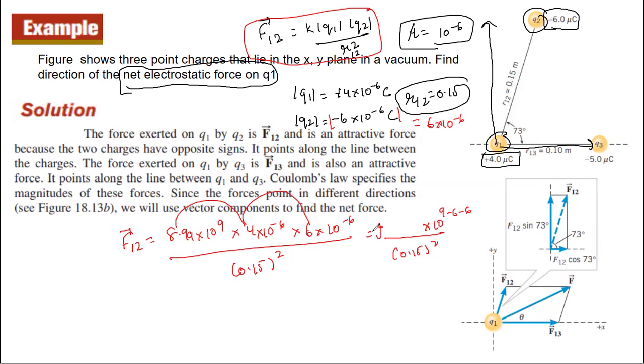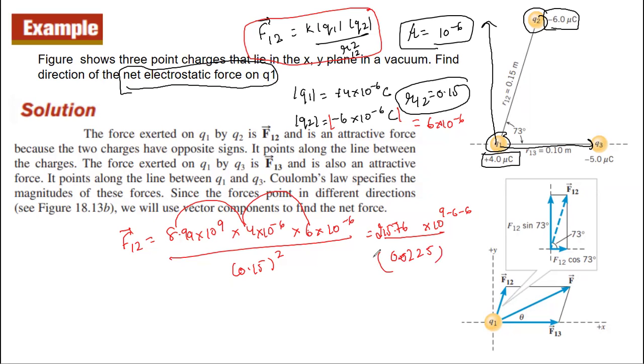So I got 215.76. Okay, and let's see, 0.15 square. So that is 0.0225. Yeah, there's a decimal over here.